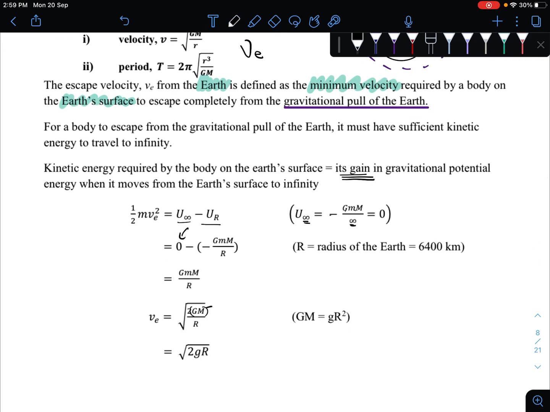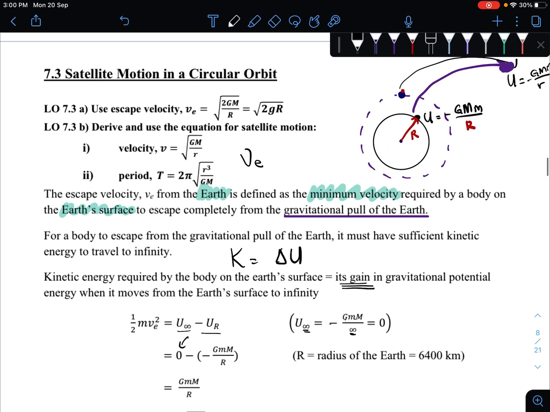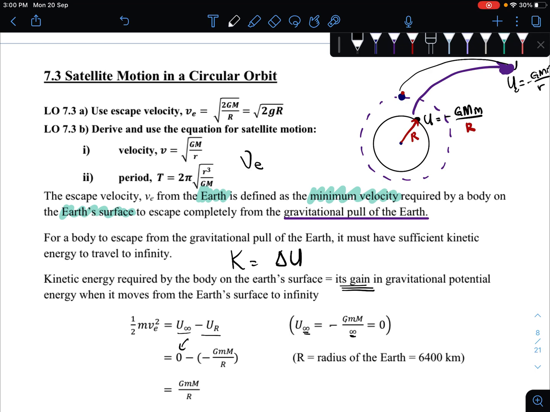Okay, so K is equal to the gain in the potential energy. So half mv squared is equal to U infinity minus U R. U infinity is the potential energy at infinity, and U R is the potential energy on the surface, because it is exactly on the surface. So the distance is the radius of the Earth.